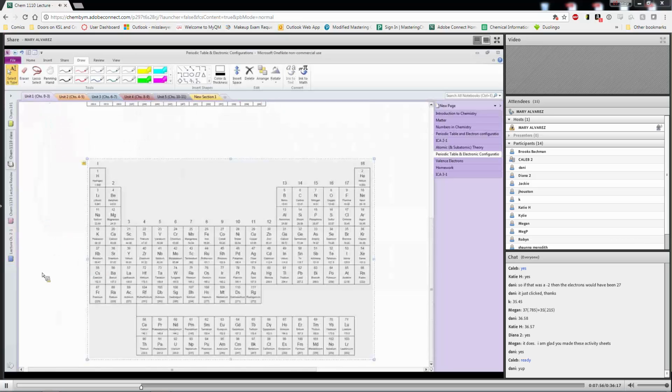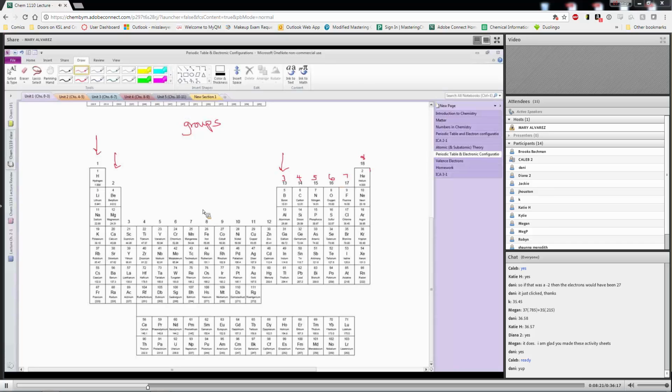we go. So what we have then are columns, vertical columns. These are called groups. And we're going to call this group 1, group 2. I'm going to call this one group 3, 4, group 5, 6, 7, and 8.